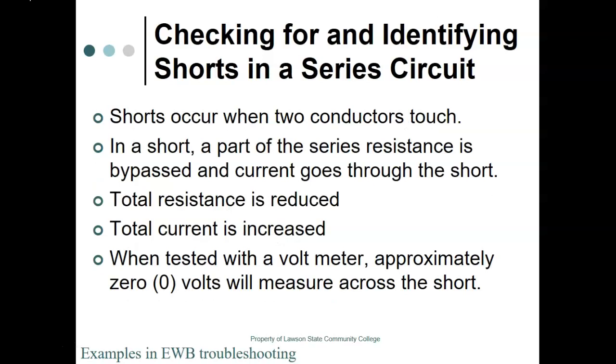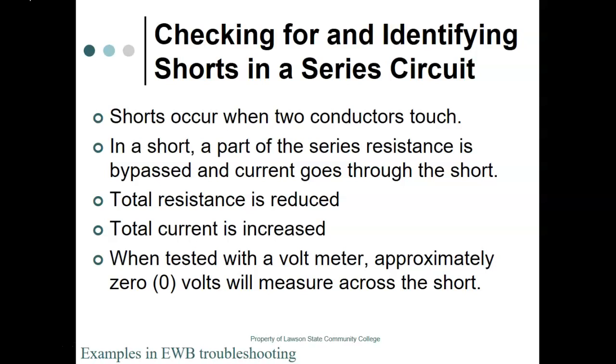So checking for and identifying shorts in a series circuit. Shorts occur when two conductors touch, or if a particular resistor or resistive load gives out. So in a short, a part of the series resistance is bypassed and the current goes through the short.